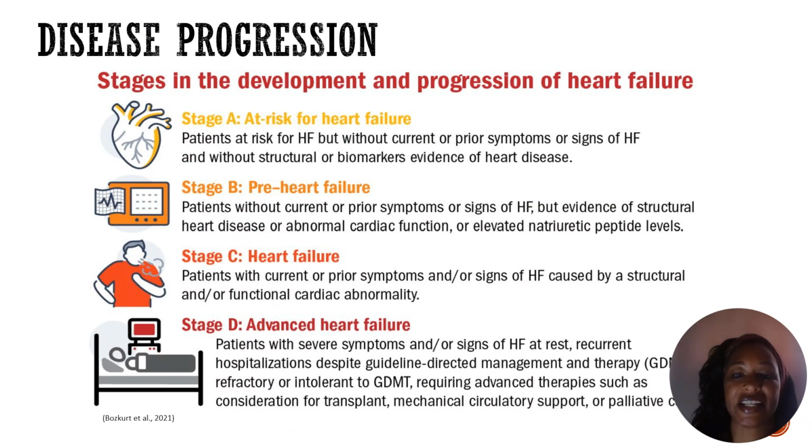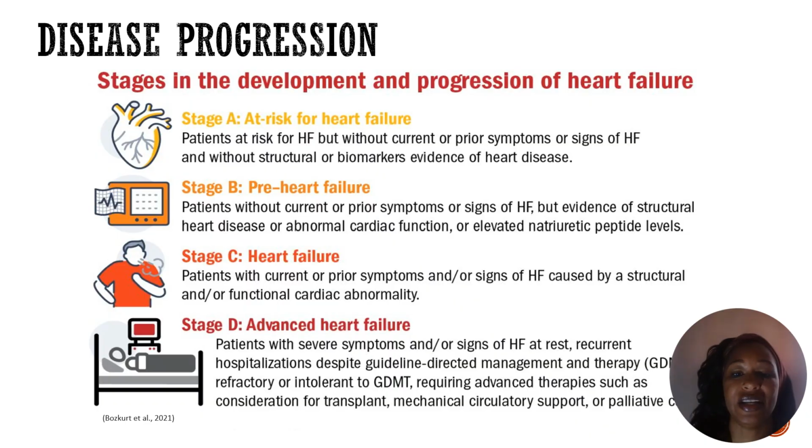The four stages are defined by the ACC and American Heart Association as the following. Stage A, high risk, no symptoms. For example, patients at risk for heart failure but without current or prior symptoms or signs of heart failure and without structural or biomarker evidence of heart failure.